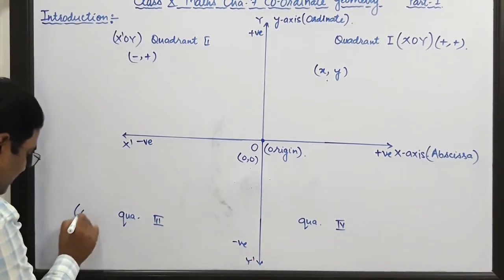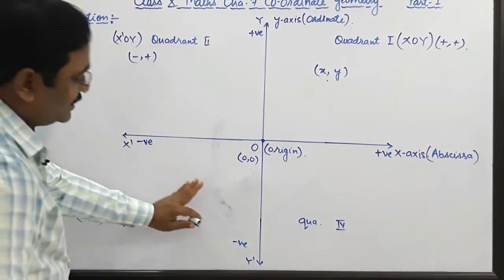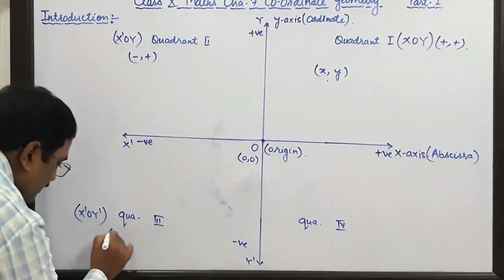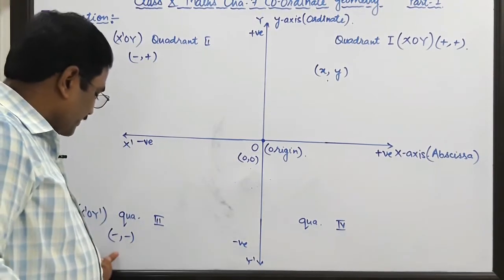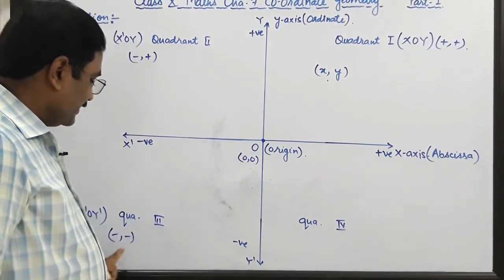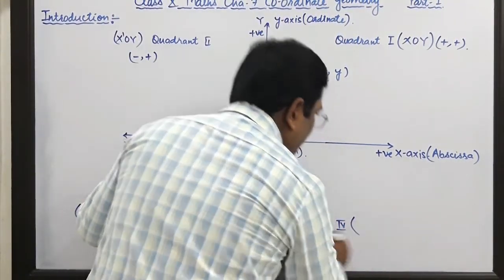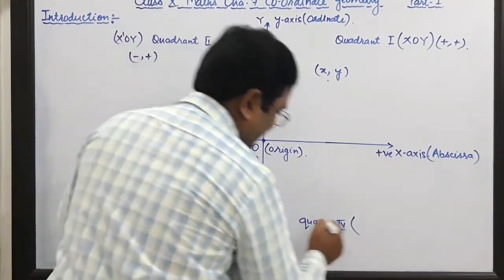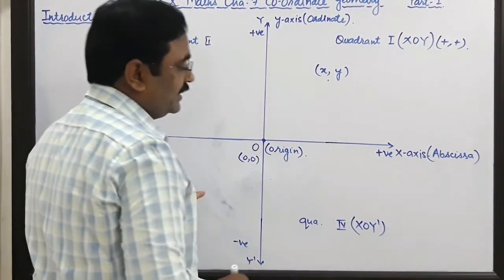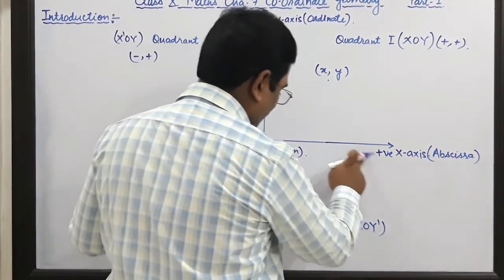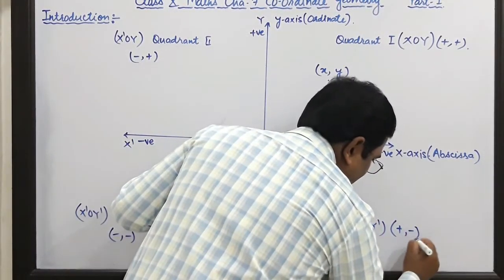In this, the sign is minus on the x-axis and minus on the y-axis, negative on both. Same for the fourth quadrant: this plane is called XOY dash, and its sign is positive on the x-axis and negative on the y-axis. So its sign is plus minus.